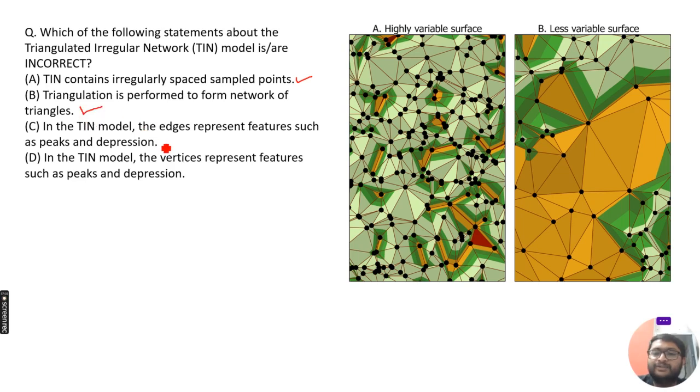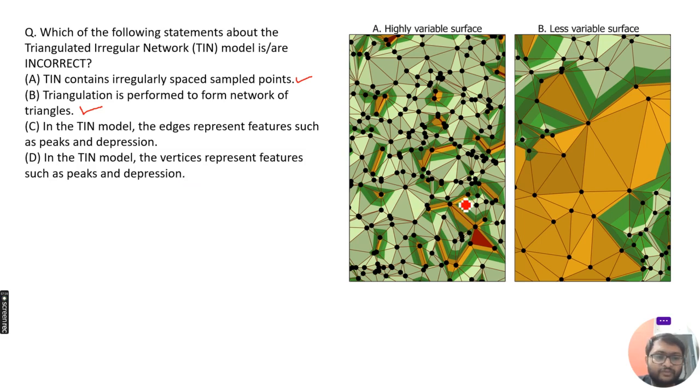Now options C and D are similar; one will be correct and one will be wrong. Let's find out. D is true: in the TIN model, the vertices represent features such as peaks and depressions.